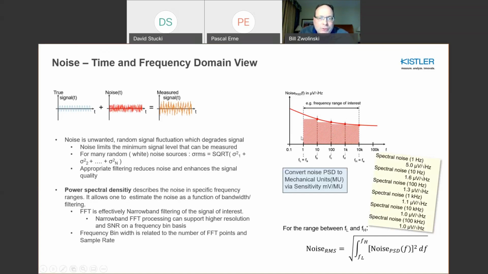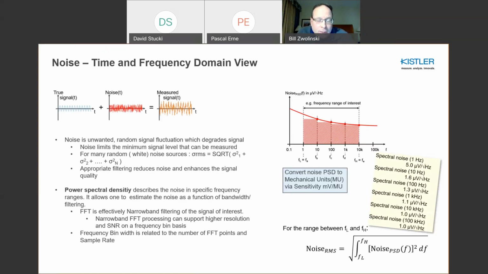And then you have a frequency allocation as a function of this noise power spectral density. So that enables you to define what noise you might have in any given frequency band. And the RMS noise is basically the integral of the noise power spectral density over a given frequency band. So whenever we talk about noise, it's always important to ask, well, what frequency band does that relate to?